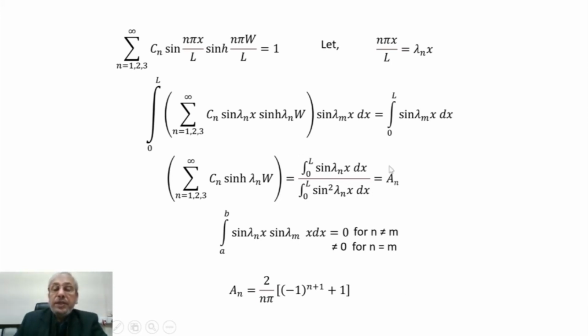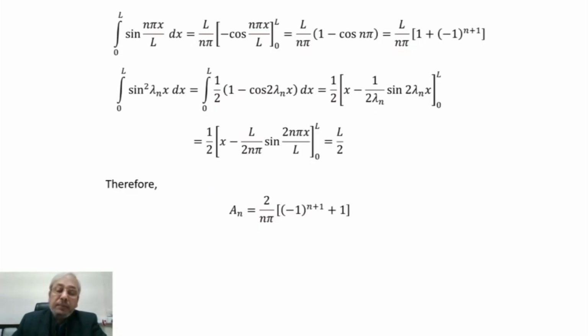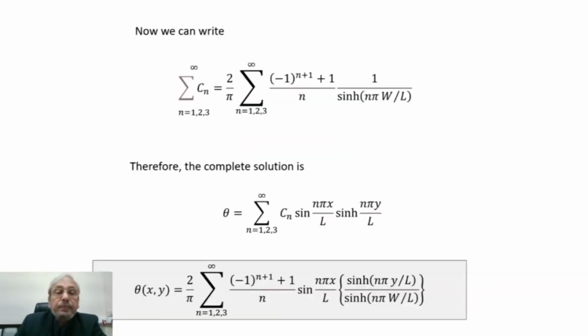So if we can find this, then we can evaluate Cn. So an we have shown how it is obtained, and then we can write Cn, n equal to 1, 2, 3 up to infinity, equal to 2 by pi into the summation over n equal to 1, 2, 3. So an we have written as minus 1 to the power n plus 1 plus 1 by n.